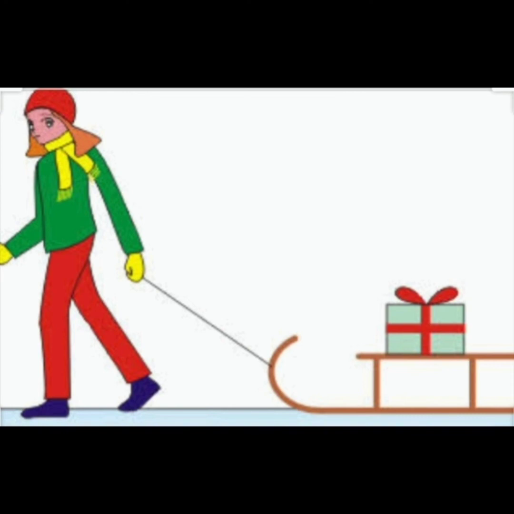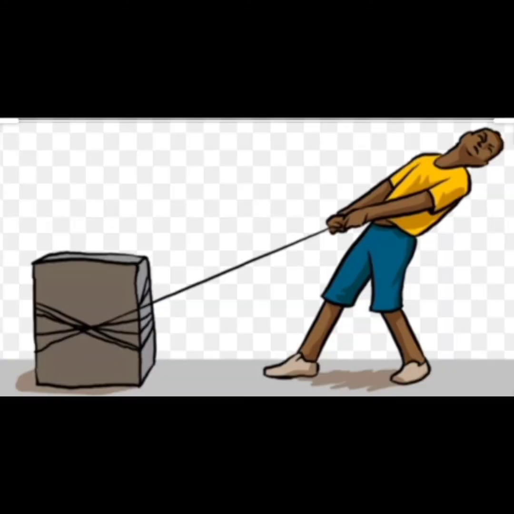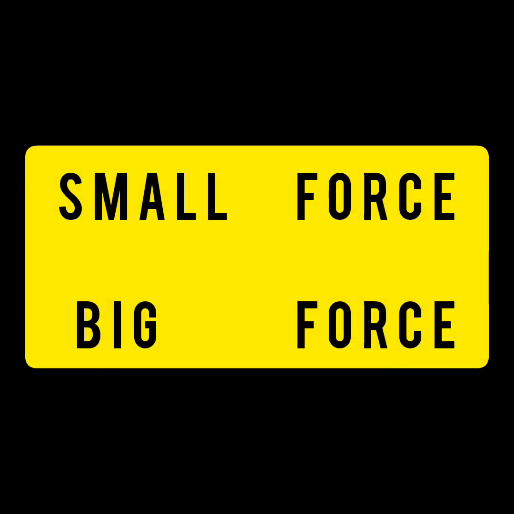It doesn't take too much energy from you. However, when pushing or pulling on a heavy object, you are putting more effort and more energy in moving that object. Look at some examples of small force and big force.